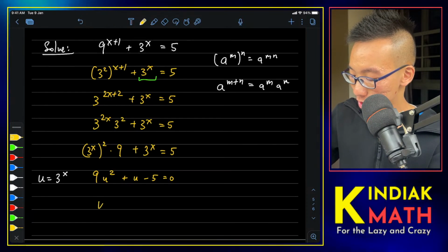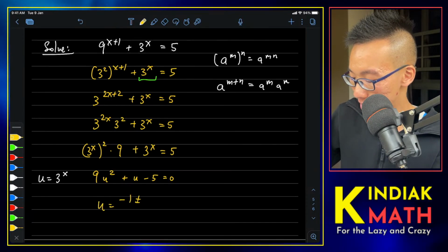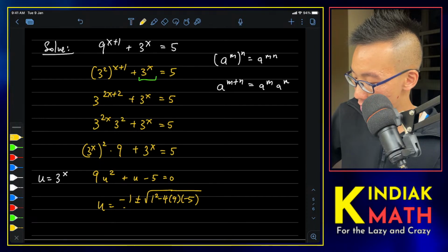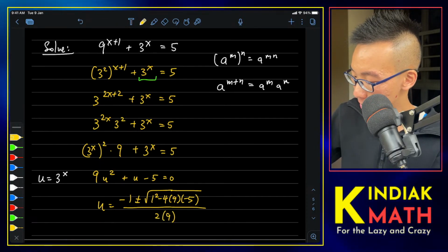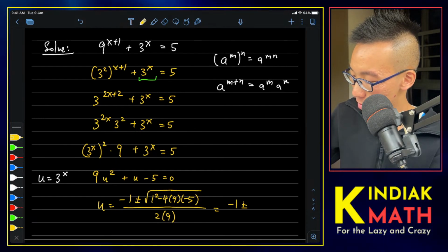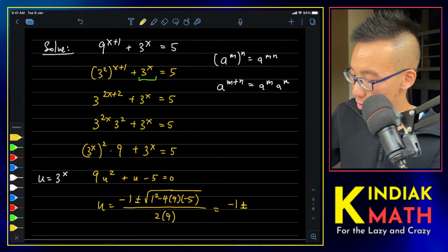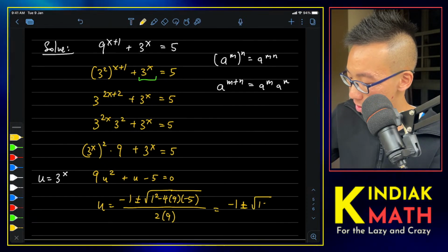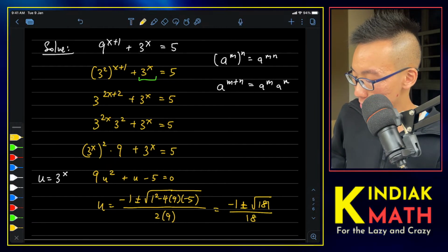So you have to solve this using the quadratic formula: minus b plus or minus the square root of b squared minus 4ac, all over 2a. This would simplify to minus 1 plus or minus the square root of 181, which is not a nice number in any way.